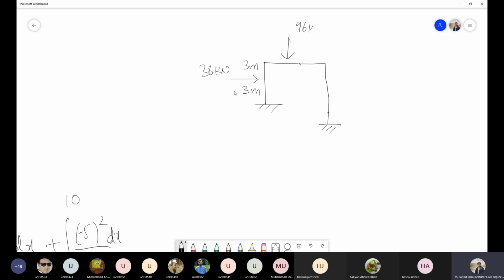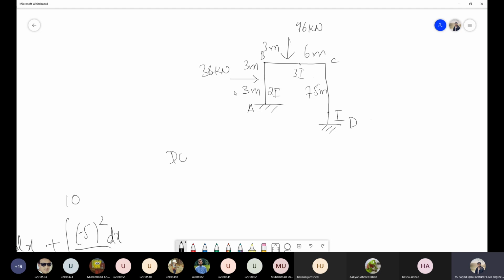This is 96 kilonewton, 3 meters, 6 meters, and 7.5 meters. This has I, 2I, 3I. This is A, B, C, and D.